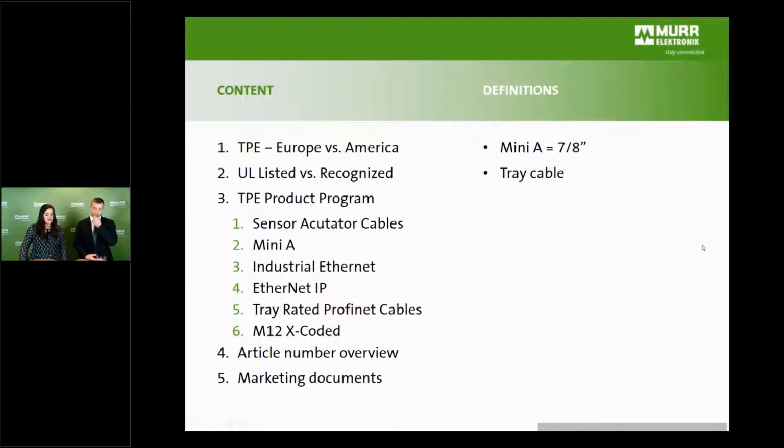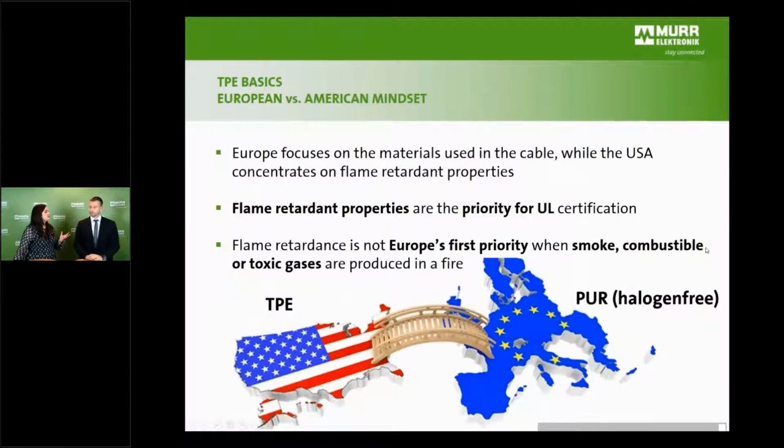Okay, Sebastian, let's jump right into it. What is the general reason for TPE cables? So we start with the mindset of the different countries. We have the TPE, the US North American standard for a flexible cable, and we have the European countries with the PUR, the halogen-free cables. And that's why the US and the UL focus on flame retardance.